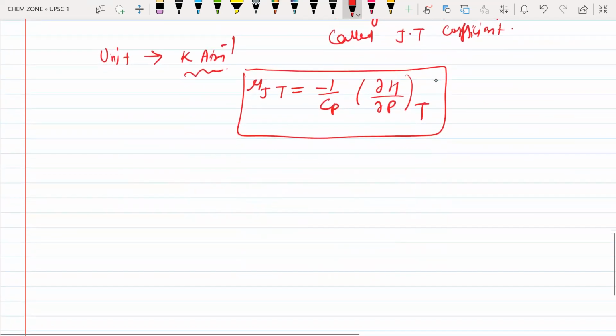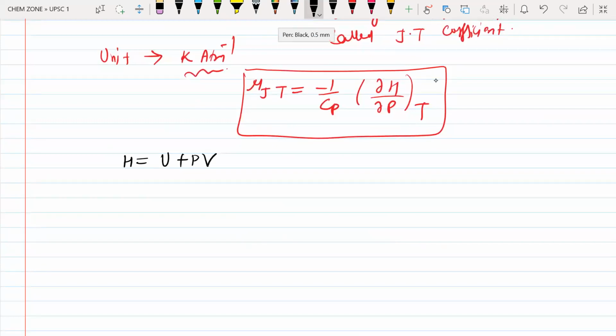Now, if we move further, we can change this expression into a different form which can also be asked in the future exam. We know that H is equal to U plus PV. So if you want to calculate dH, we differentiate that equation.